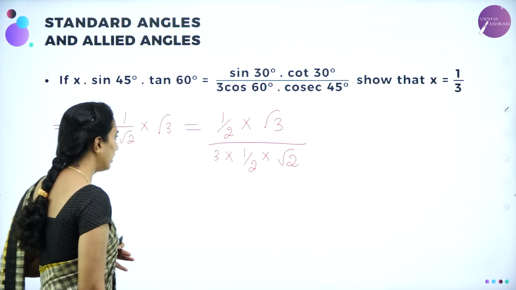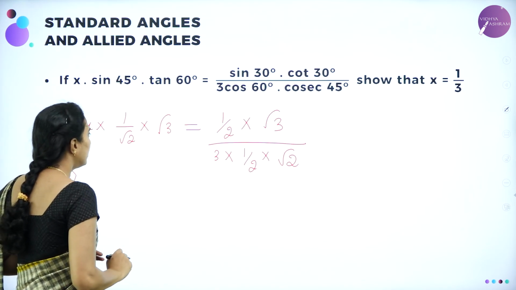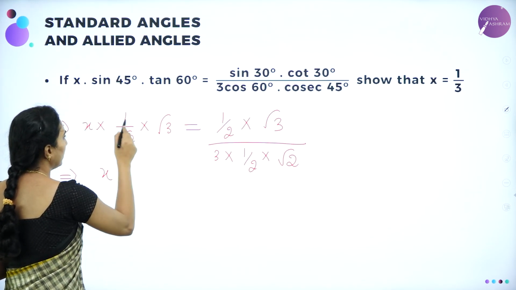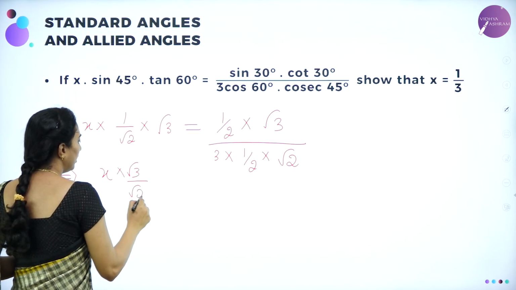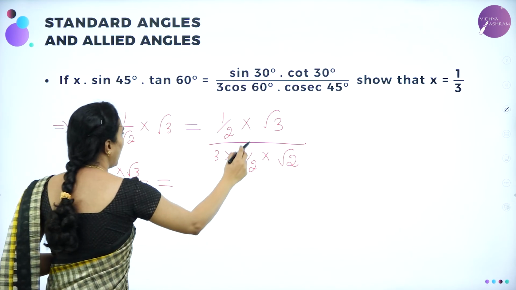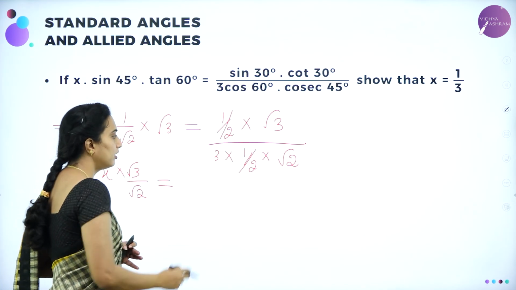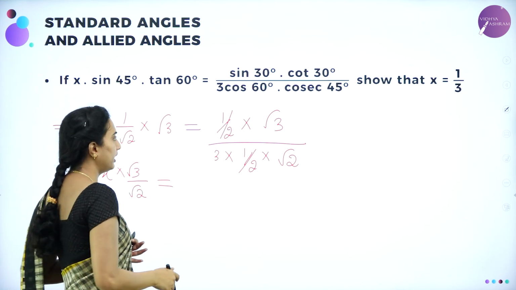So therefore here I can have, see dears, x into this, you can write as root 3 by root 2, which will be equal to half and half will get cancelled here, because this 2 will go to the numerator and 2 will come to the denominator. That's it.